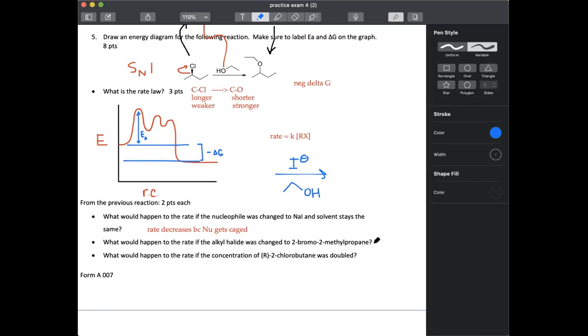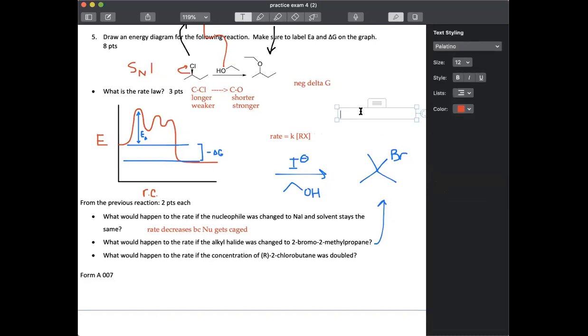We have it going to a tertiary, so that's good. What else is good? Better leaving group, right? So it's faster because it's tertiary and has a better leaving group.